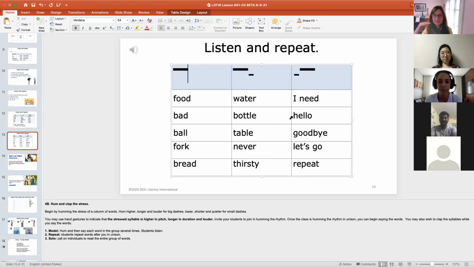Water, bottle, table, neighbor, thirsty. Okay, good, good.